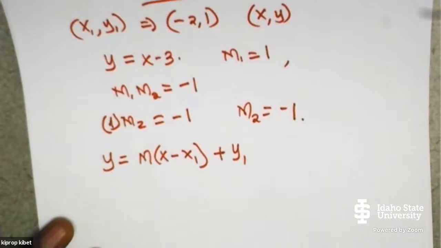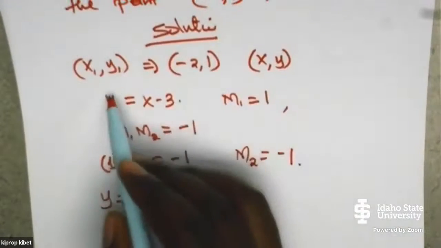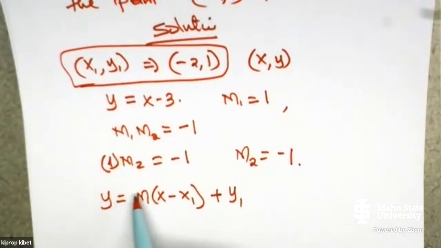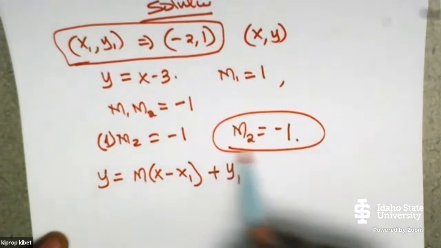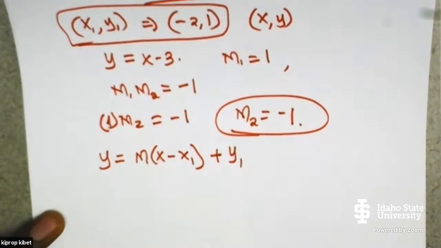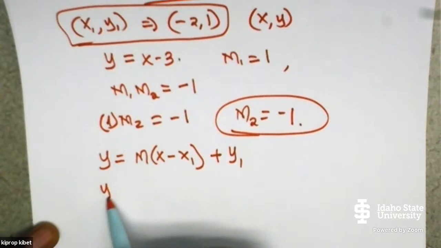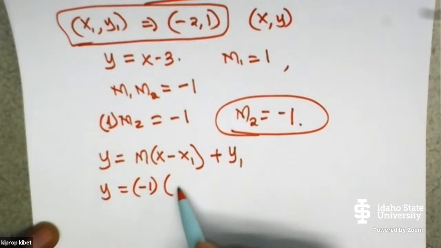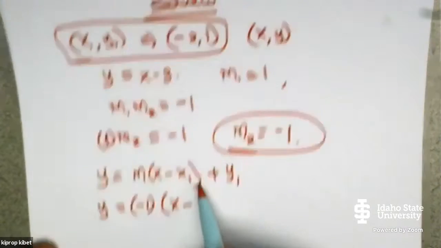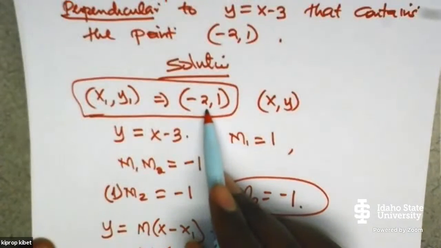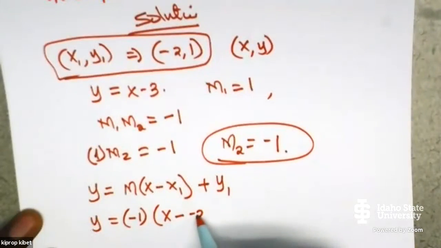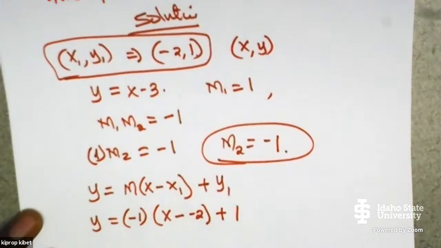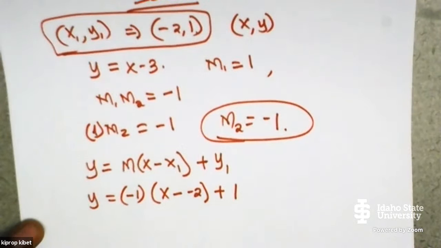Yes. So we have the points, and we now slot in. We have our gradient, so our equation will now be -1 times x minus x1, which is -2, and then plus y1, which is 1.